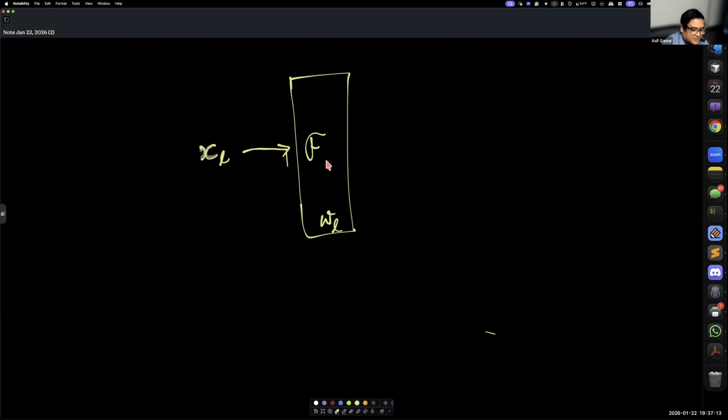So it's a function of this layer, so that what comes out of it, XL plus 1, is some function of XL, right? Given the weights. The shape of the function you control through the weights by changing the parameters of the layer. So far, so good, guys? This is your basic understanding of it.